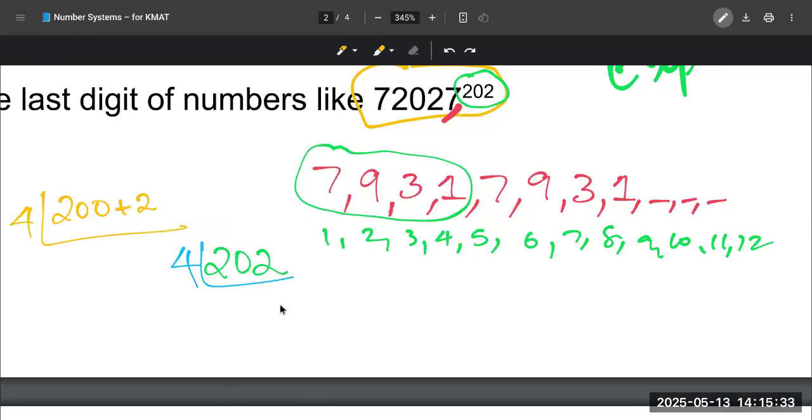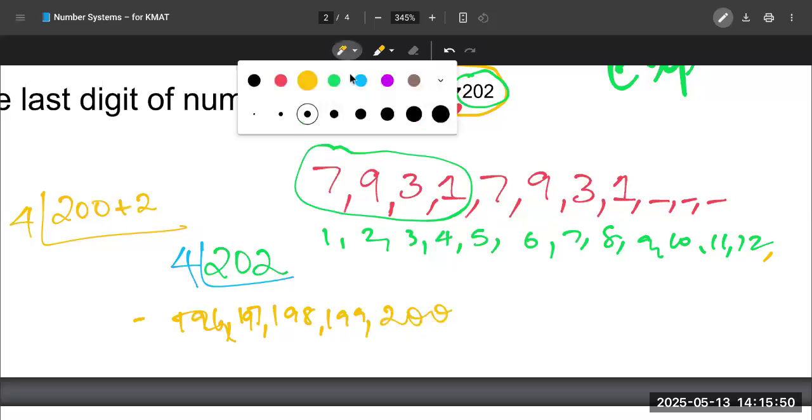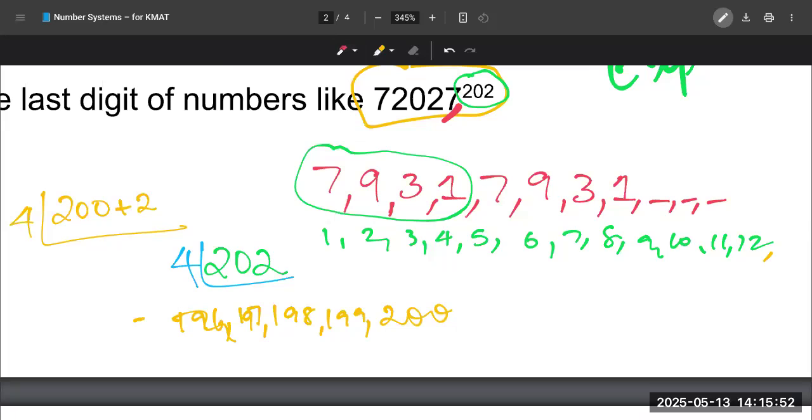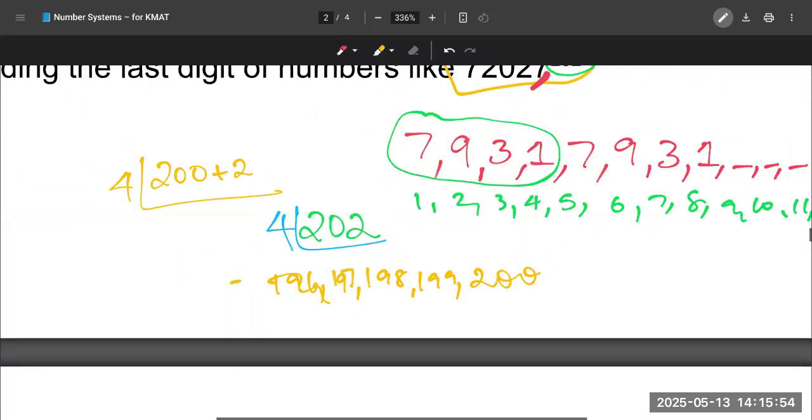So 2 is the remainder. That means 7 raised to 196, 197, 198, 199, 200. The 197th power of 7 would have 7 as the last digit.